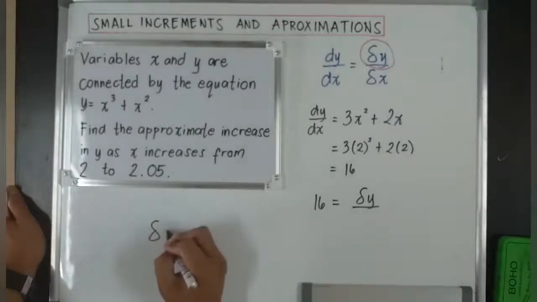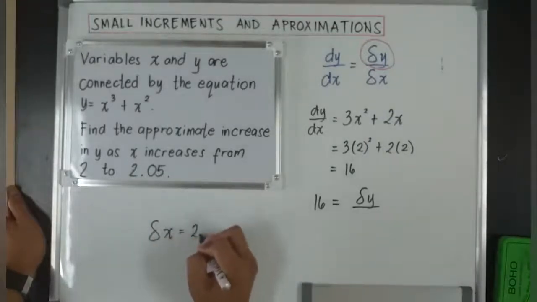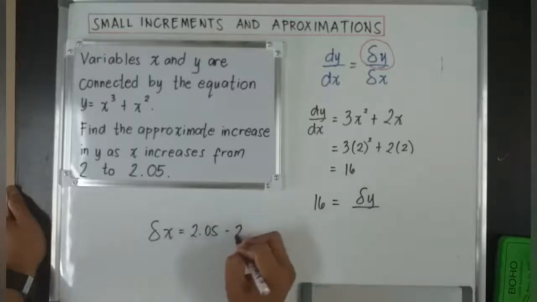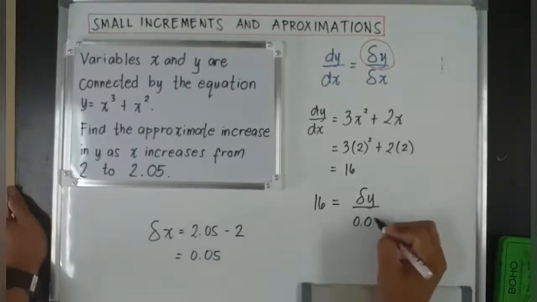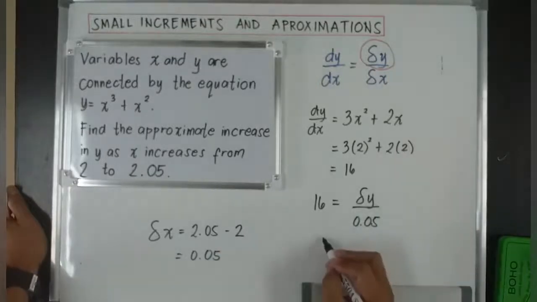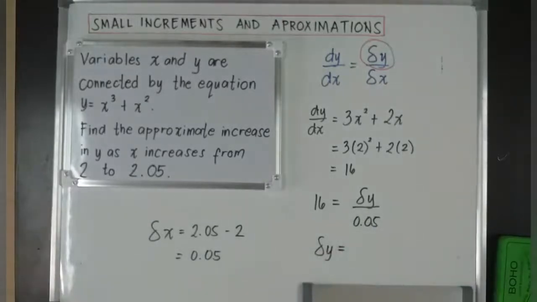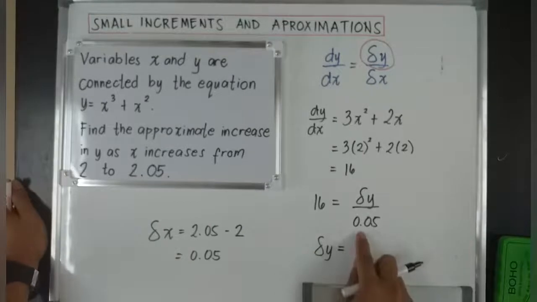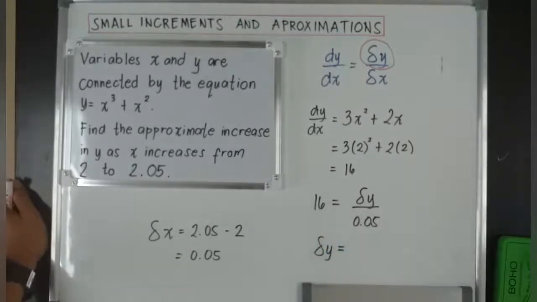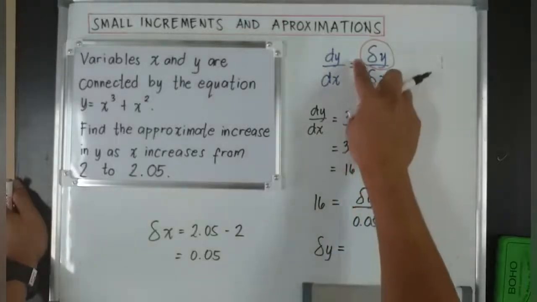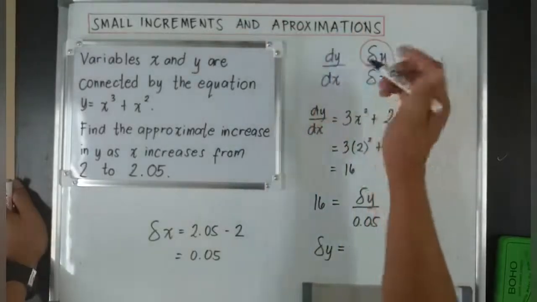Small increment of x is equal to 2.05 minus 2, which is 0.05. So the small increment of y is equivalent now to 0.05 times 16. By the way, I am not supposed to be using equal sign over here because it's just an approximation.